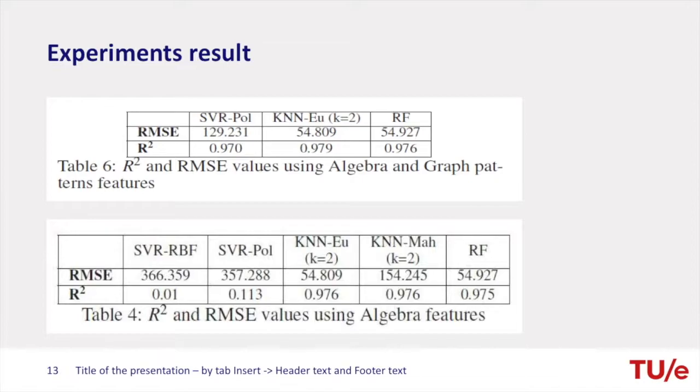So for this one, the smaller this number is, the better the result is. So this comes from 366 to 130. So it's quite a big improvement on this algorithm.